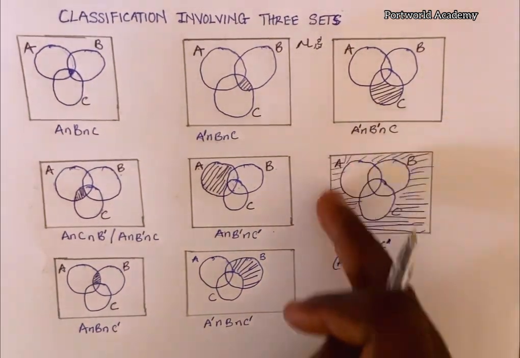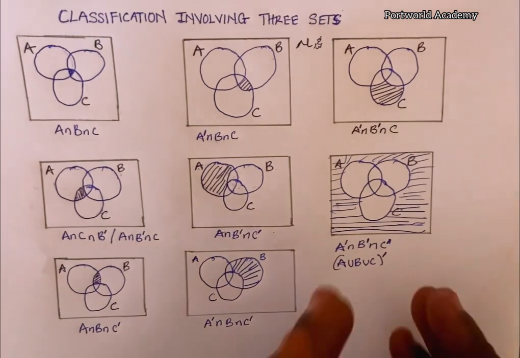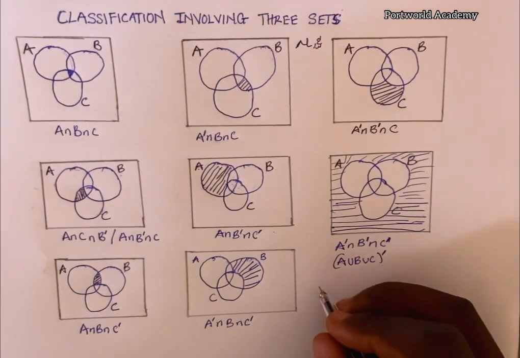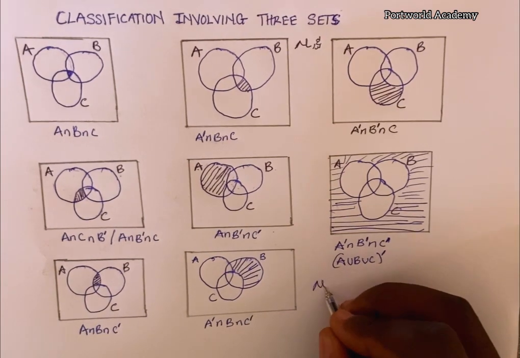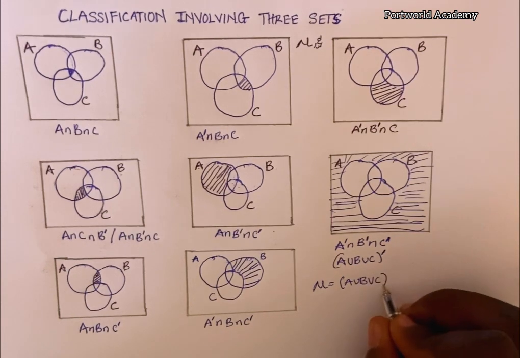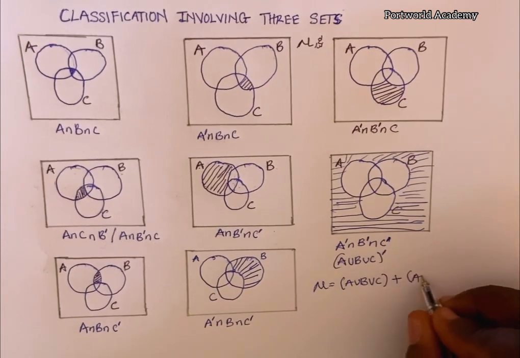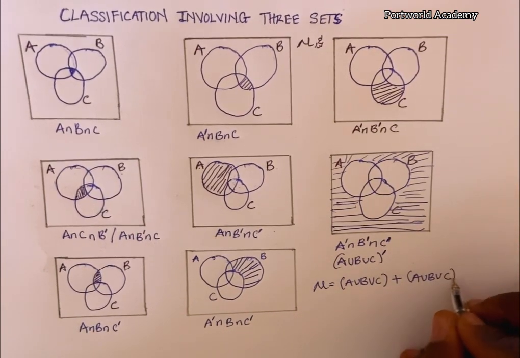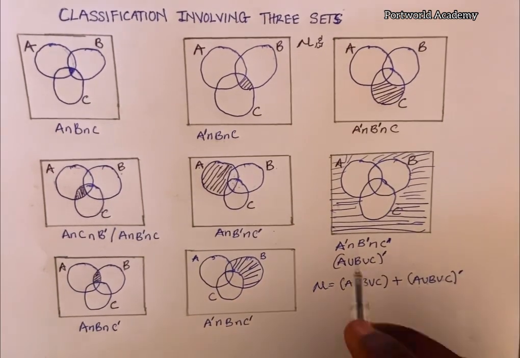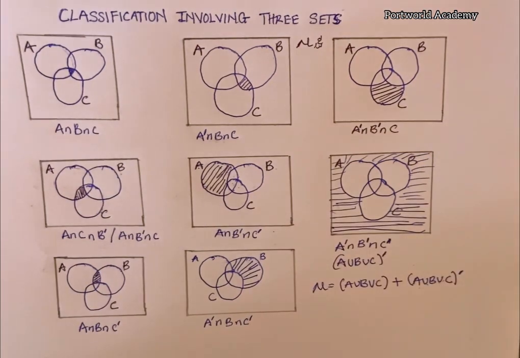So this part that is shaded is actually A union B union C complement. And don't forget that the universal set equals A union B union C plus A union B union C complement. So this A union B union C complement is the part that we are talking about now.